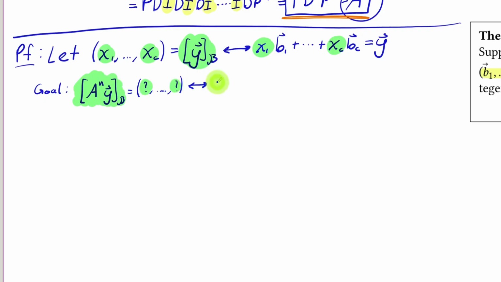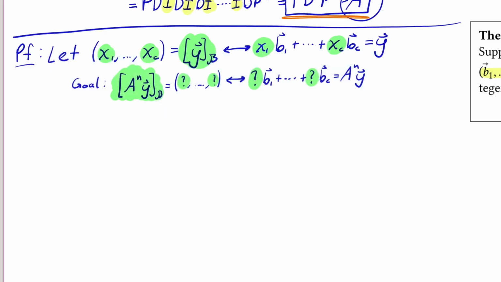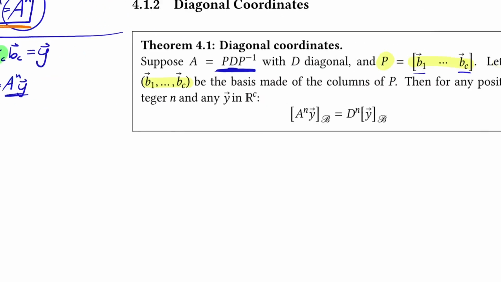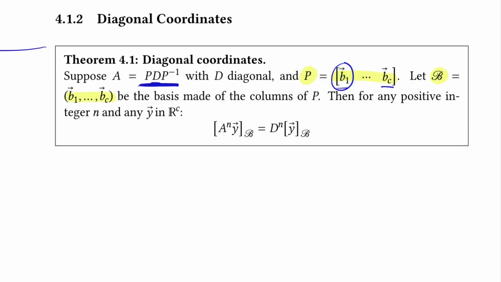That means we want to know what the weights of the basis vectors are, so that when you do that corresponding linear combination, you get A to the power n times y as a result. So that's what we're trying to figure out: how to get A to the n times y as a linear combination of the basis vectors, the basis vectors being the columns of this invertible matrix P.